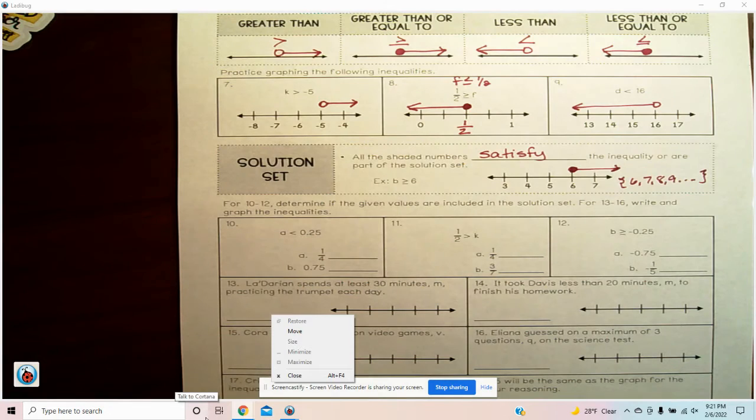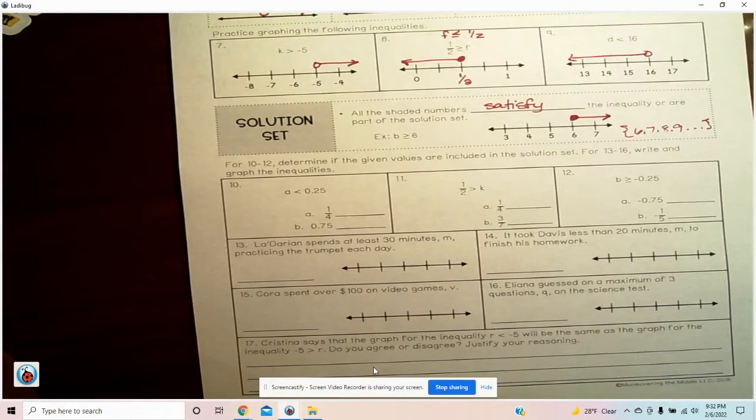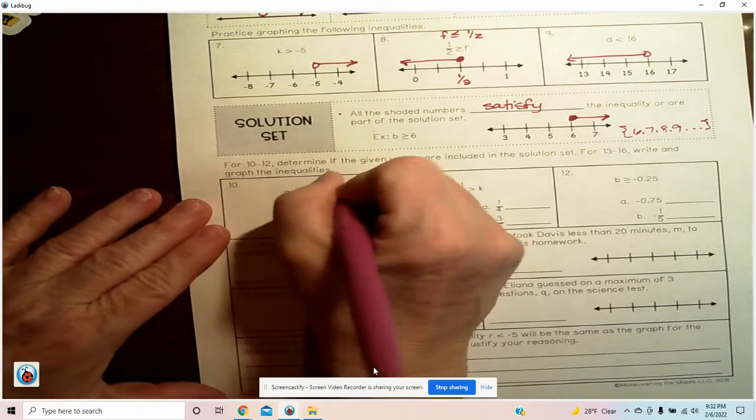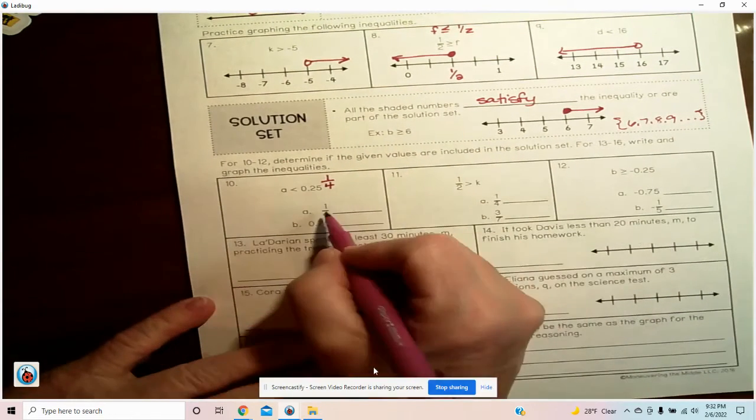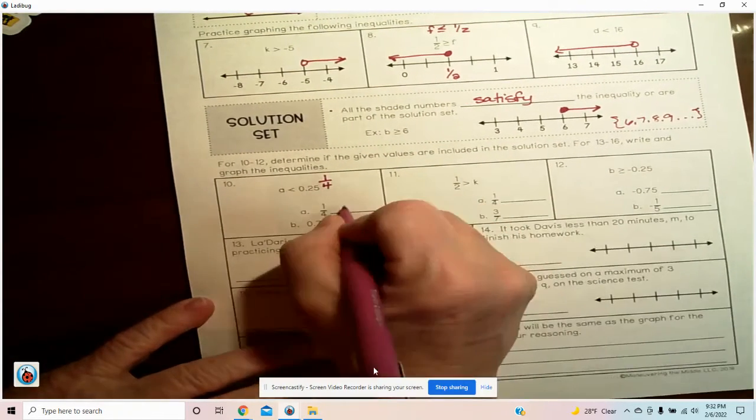All right, these on the bottom here. Number 10 says A is less than 25 hundredths. 25 hundredths is 1/4. So is 1/4 less than 1/4?